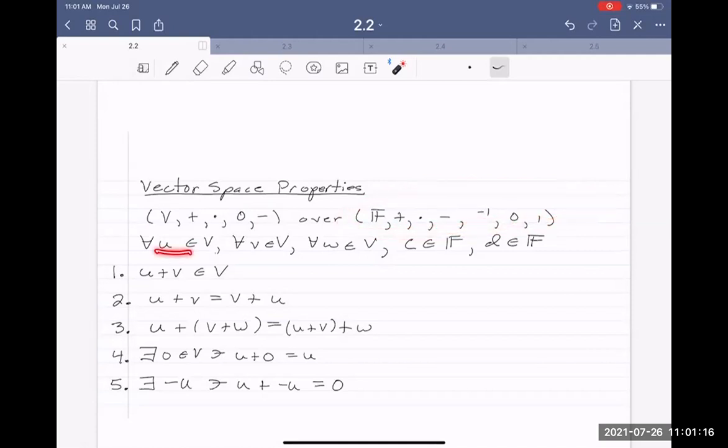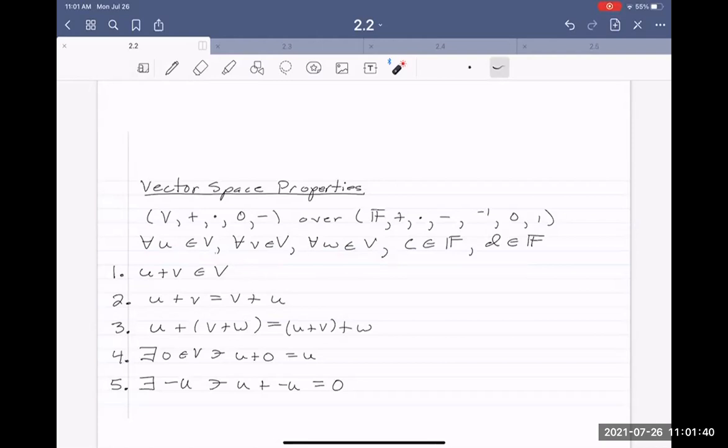So let u, v, and w be members of the set V of vectors, and let c and d be members of your scalar field. So let c and d be numbers, scalars. Let u, v, and w be vectors.